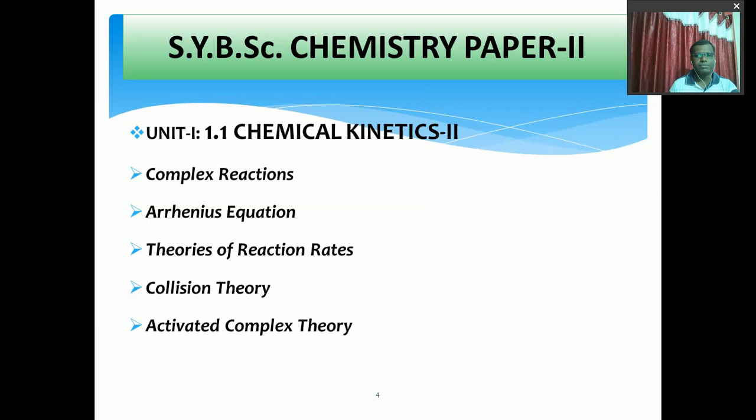This term is very familiar to you all, because in the first year of the BSc, in the first term we were having chemical kinetics. So this chemical kinetics is again included in the second year BSc, and definitely the extended part of FYBSc is given in this topic in the second year, because in the first year we studied the different terminology in chemical kinetics.